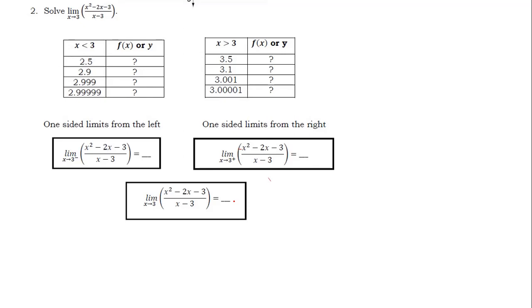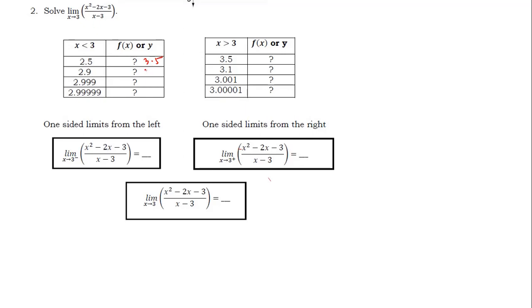Okay, so we substitute. For the left, we have one-sided limits from the left, we have 2.5. So substitute it. The correct answer is 3.5.